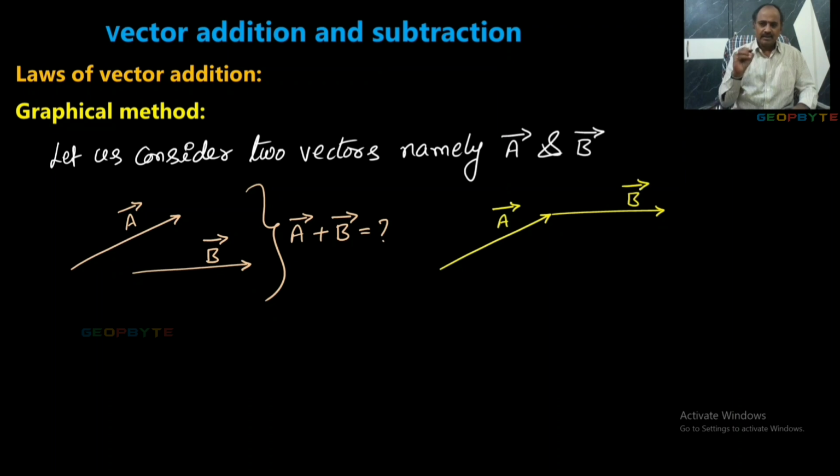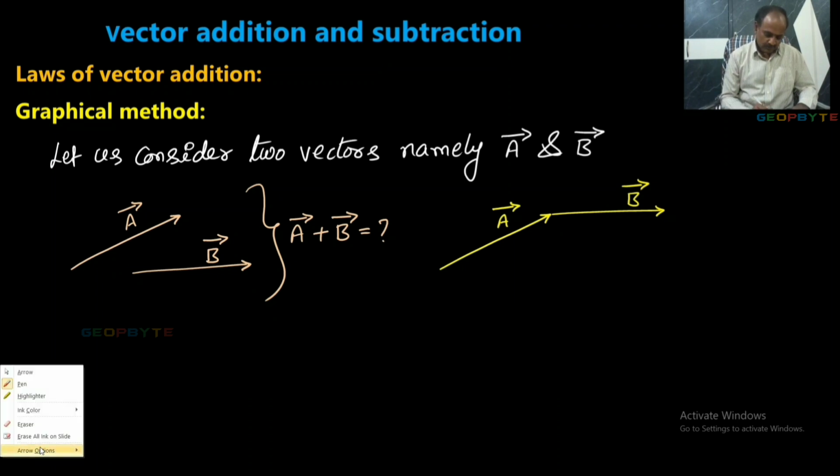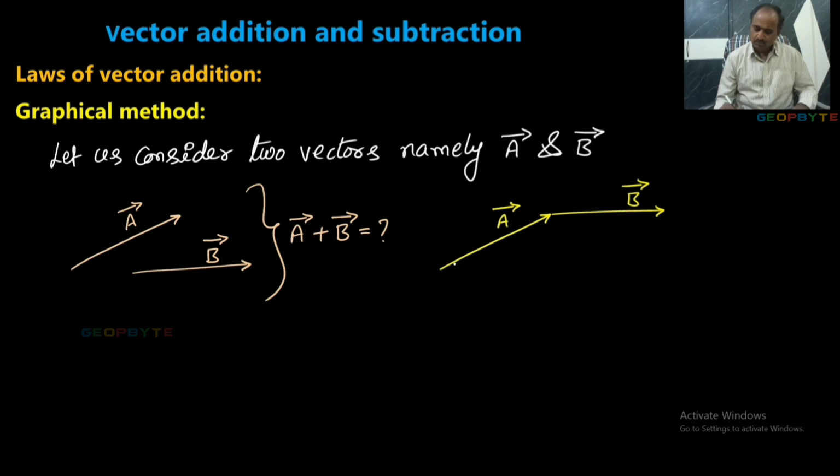Now for getting the sum of the vector A and vector B, you draw the line from the starting point of the first vector to the ending point of the second vector like this.